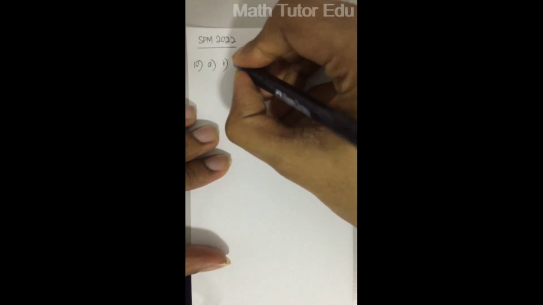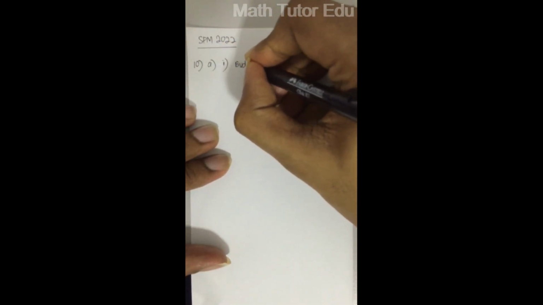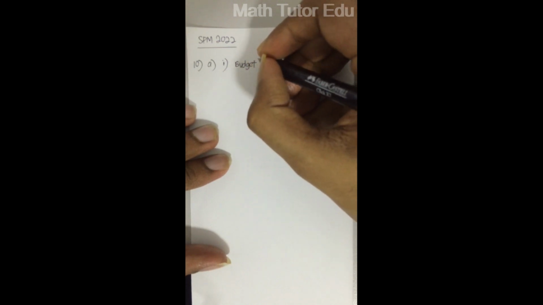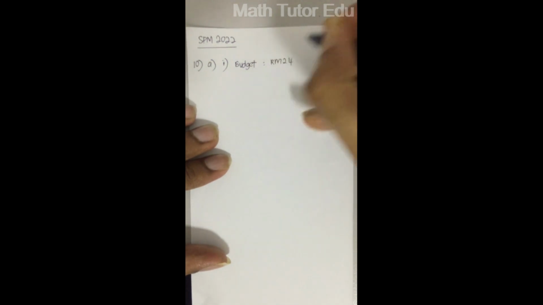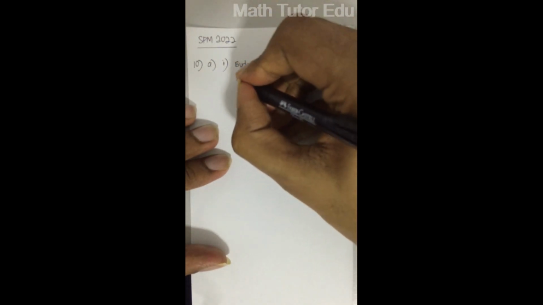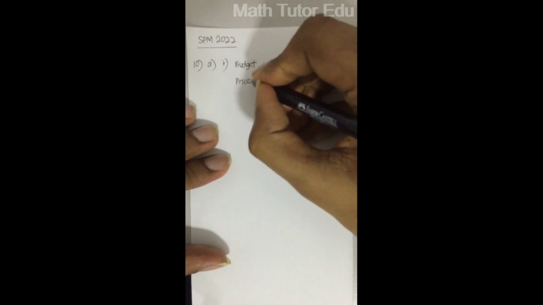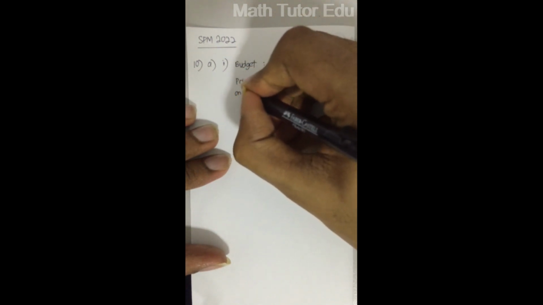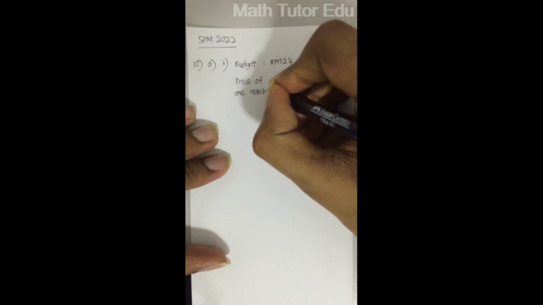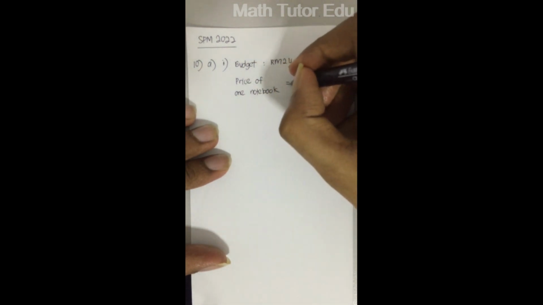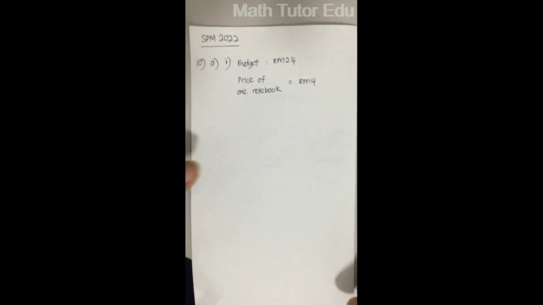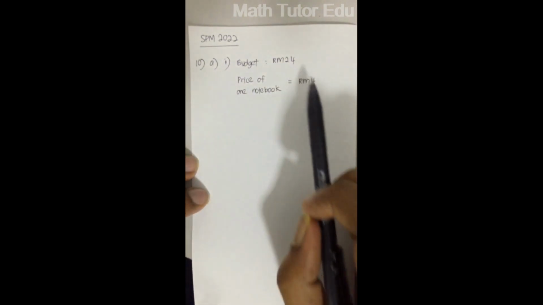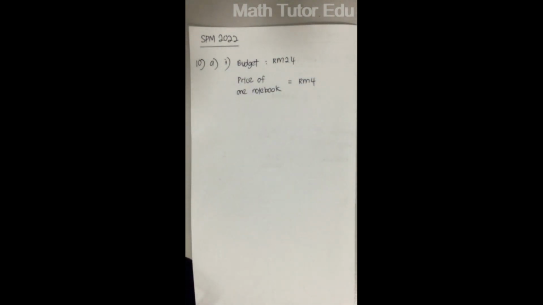The budget allocated by NV is 24 ringgit, and the price of one notebook is 4 ringgit. From here, how to get the combination? Very simple. You divide 24 ringgit by 4 ringgit, and you get the number of notebooks NV can buy.